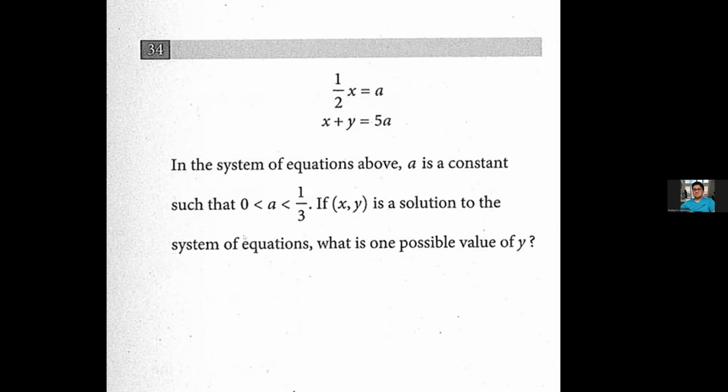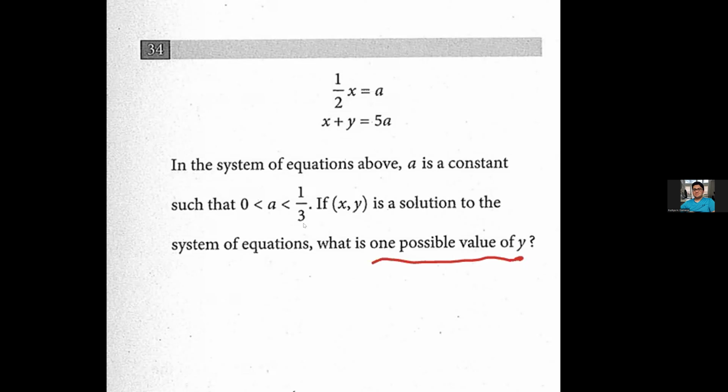If (x, y) is a solution, what is one possible value of y? This question would be a lot harder if it was asking for a range, but it's just asking for one possible value. So in this case, we just need to plug in something that satisfies this equation and then solve for the possible value of y. We don't actually have to find the range based on this.